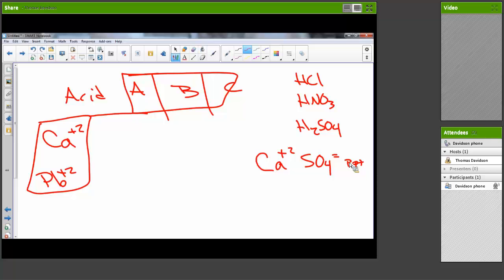So, and then if it forms neither, yeah, nitrate is always soluble.